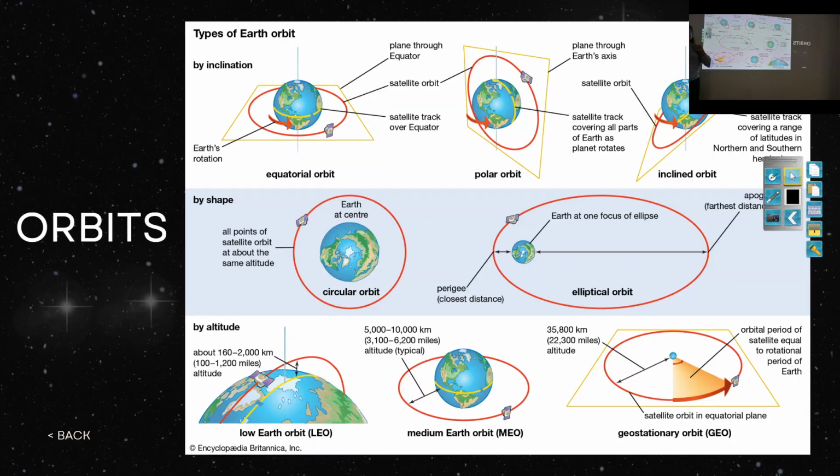Sun synchronous satellites revolve around the earth from pole to pole, and that is relative to the sun, a fixed position relative to the sun. I told you, right? It passes the same place at the same time every day. If it passes Bangalore at 12 o'clock, every day at 12 o'clock it will pass Bangalore.